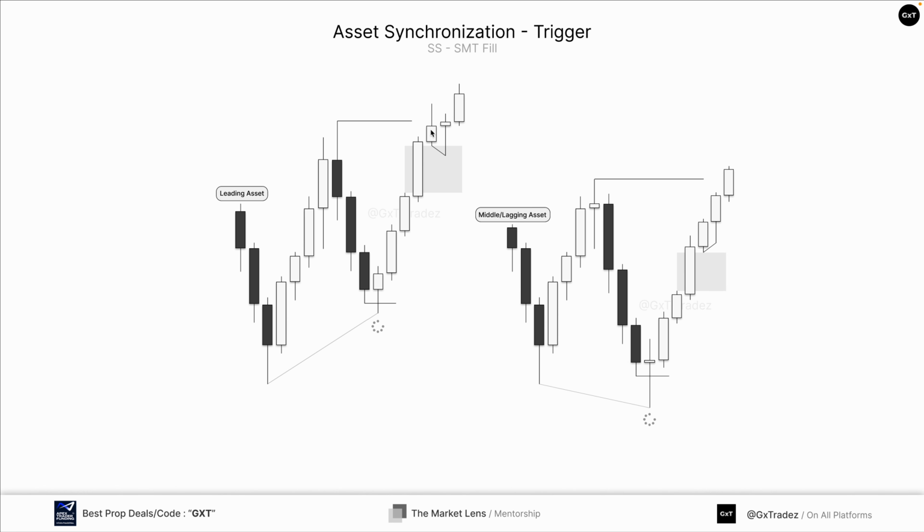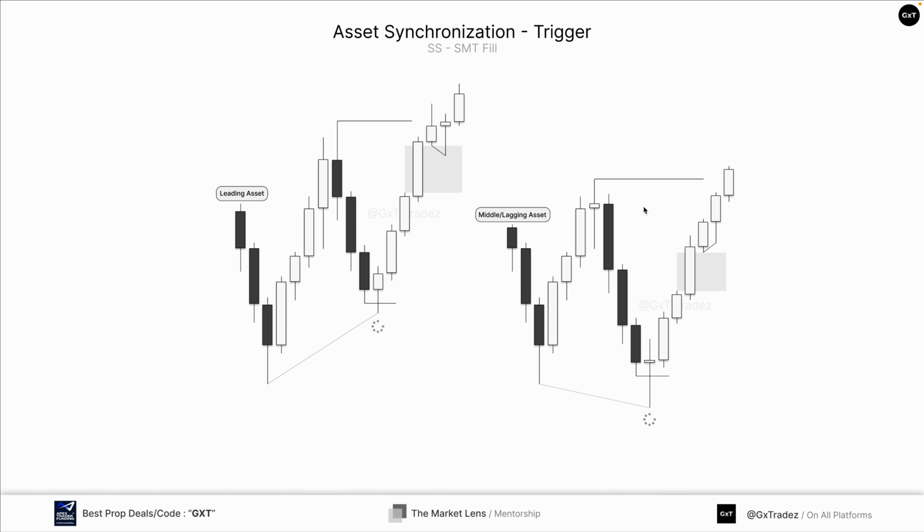So as soon as this asset takes the high, and we apply our advanced premium discount tool, we already know that this SMT should break. So what we're simply waiting for is these middle or lagging assets to momentarily switch strength.